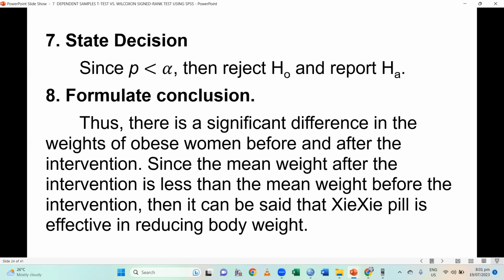For this case, since the mean weight after the intervention is less than the mean weight before the intervention, and if you could see from the data that the weights are actually less than their weight before, then it can be said that Shishi pill is effective in reducing body weight.